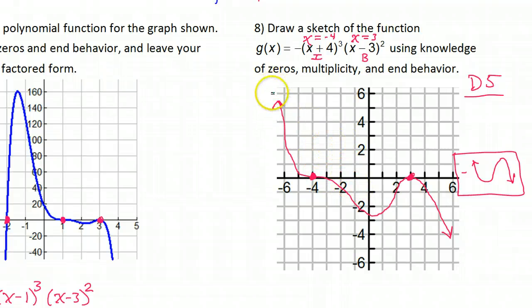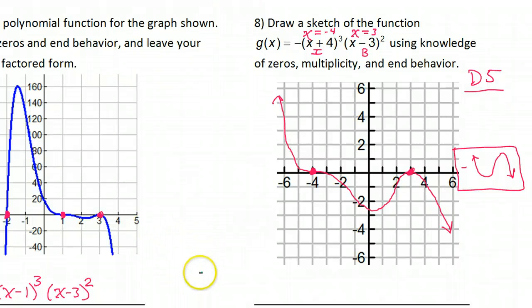It has the correct end behavior, like an upside down n, rises on the left, falls on the right. I have an inflection at -4, and I have a bounce at +3, so everything works out.